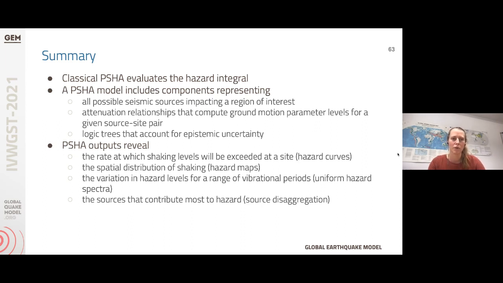We've looked at the main components of the PSHA model: the seismic source models, how they're used to represent all of the sources impacting a region, the attenuation relationships that take the ruptures and model the potential ground motion levels, and the logic trees that we use to account for the epistemic uncertainty. We've also looked at the outputs that are revealing the rates of shaking levels at each site and the spatial distribution and how this changes for a range of vibrational periods.